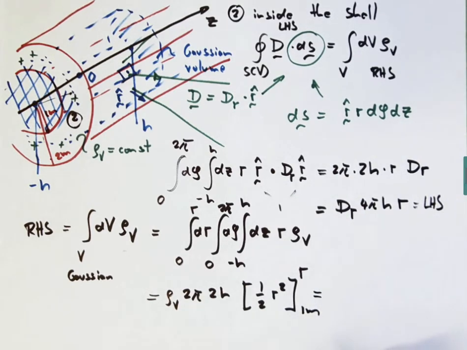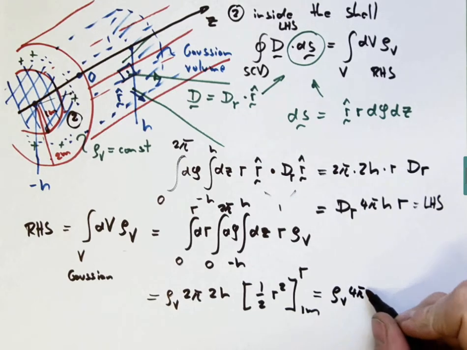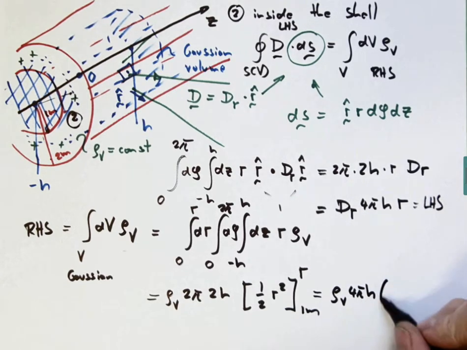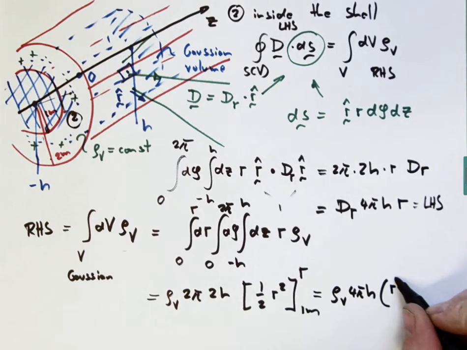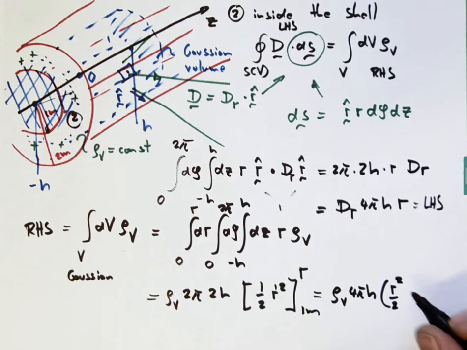If we work this out further, we get rho v 4 pi h and r squared on 2. I've now substituted the limit, so formally I would have to put a prime there. I've substituted with a limit in the integral, which gives me r squared on 2, and I subtract 1/2. 1 meter squared is 1, divided by 2 is 1/2.